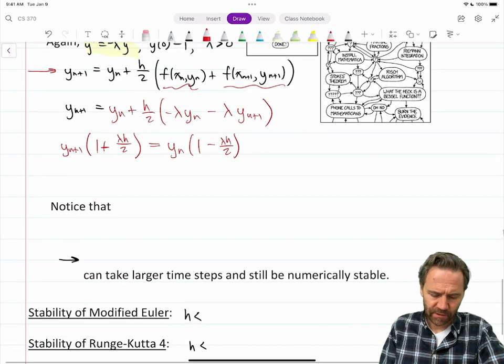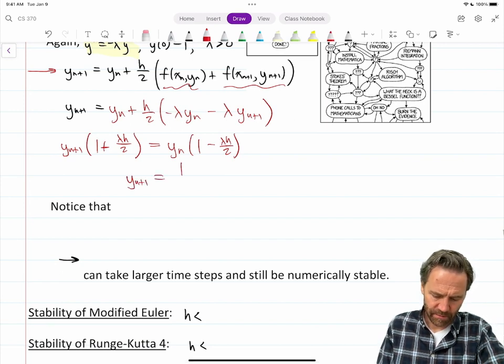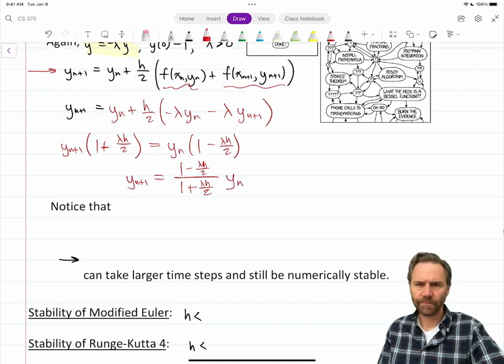Then solving for y sub n plus 1, it's 1 minus lambda h over 2 over 1 plus lambda h over 2, times y sub n.